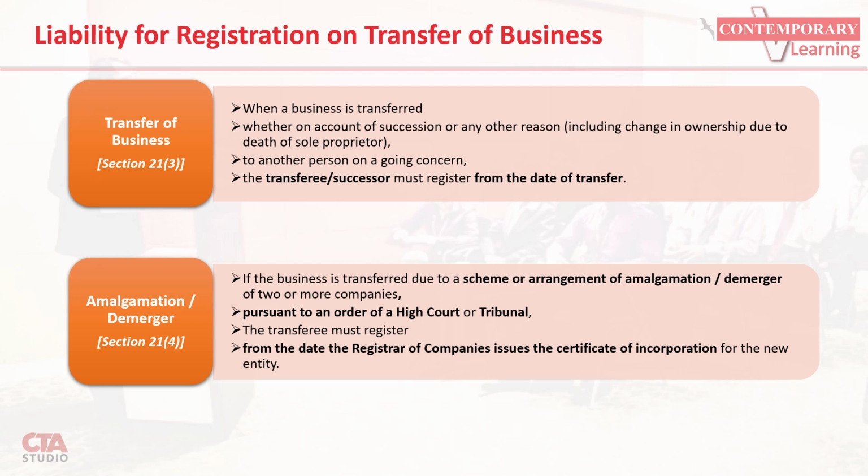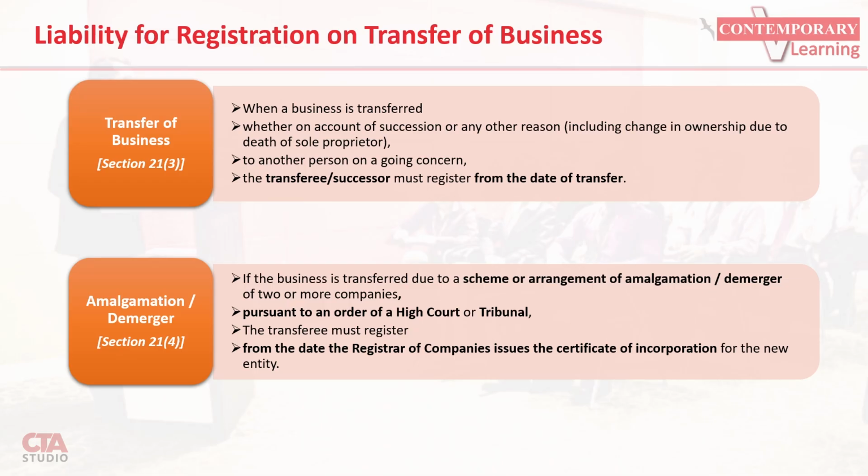The law recognizes that the business continues even though the ownership has changed. So, the GST registration liability also continues. For amalgamation, demerger under Section 21(4), this covers more complex corporate scenarios.